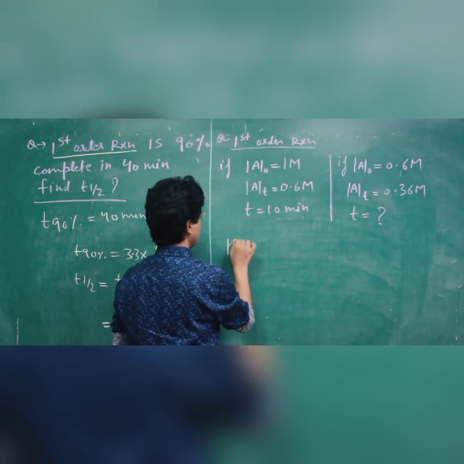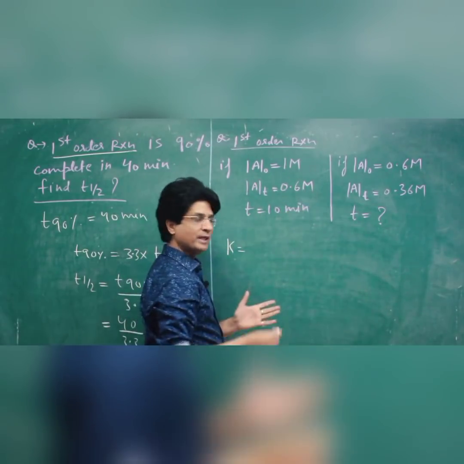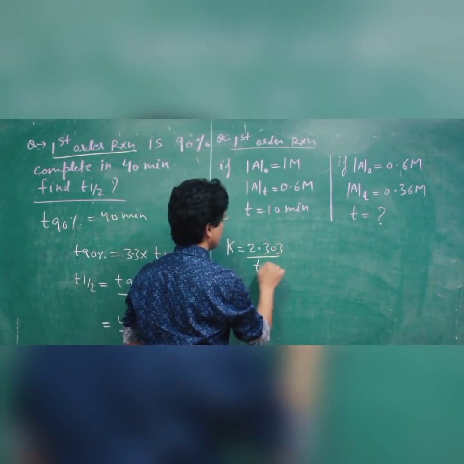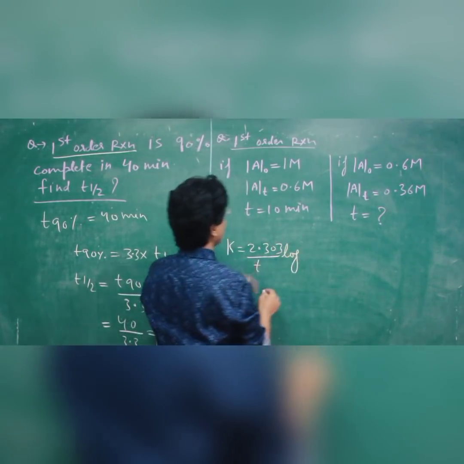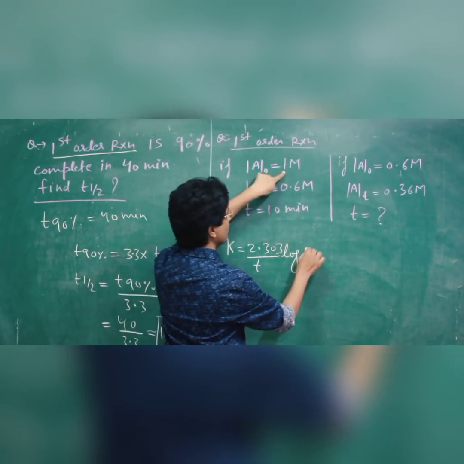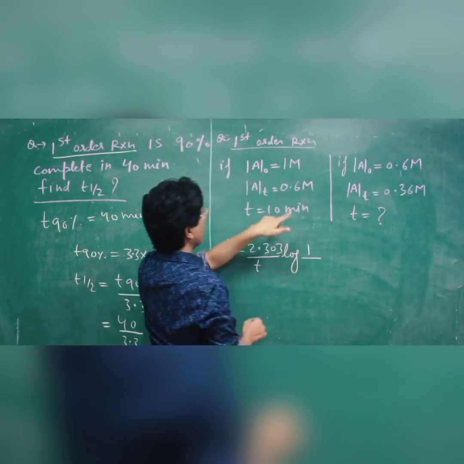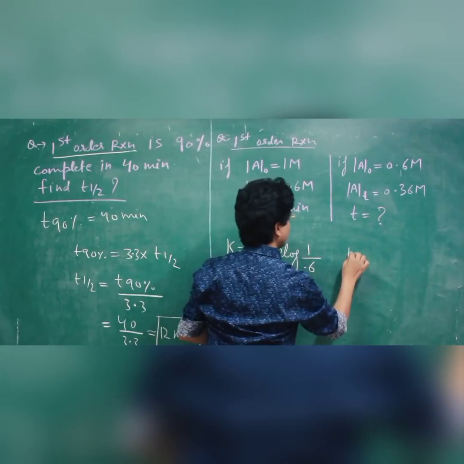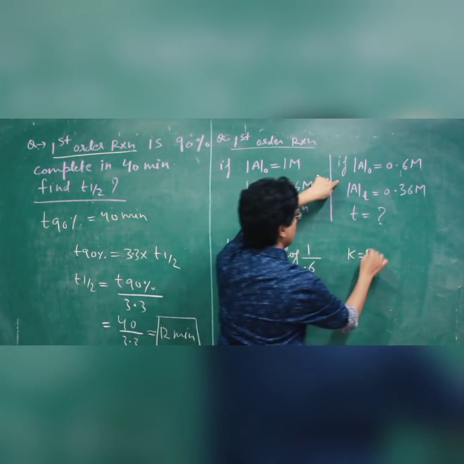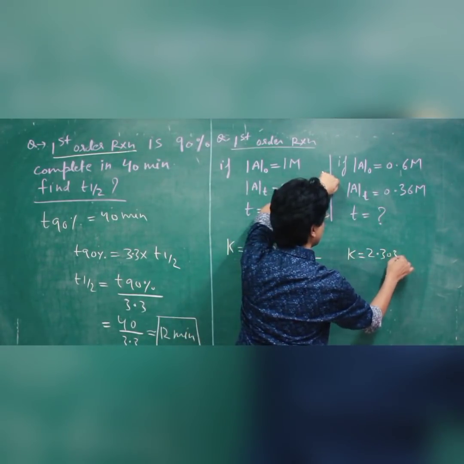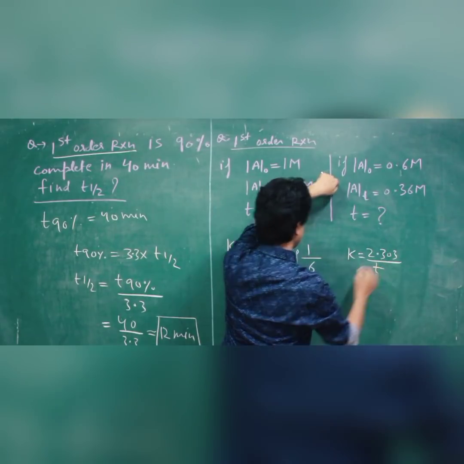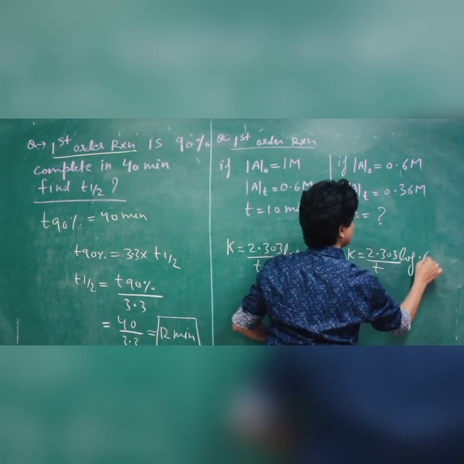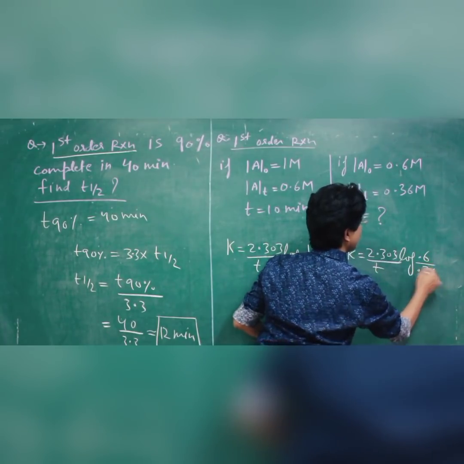So K for both of them will be same. That will be 2.303 upon T log of A naught. A naught here is how much? 1 molar upon 0.6 molar. And K for this will be how much? 2.303 upon T log of A naught, 0.6 molar upon 0.36 molar.